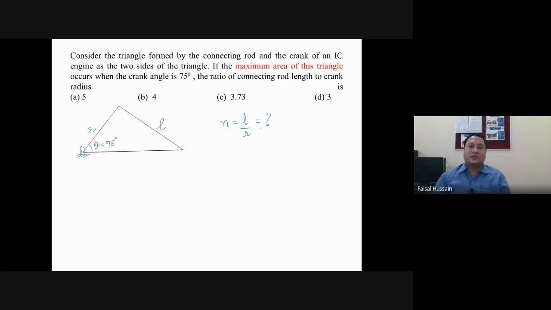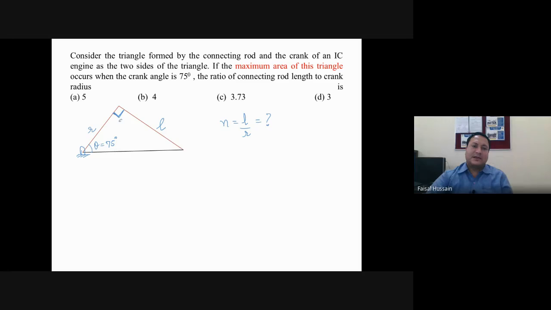Out of these four options, one option is correct. For maximum area of this triangle, this angle has to be 90 degree. Therefore, I have highlighted this point.